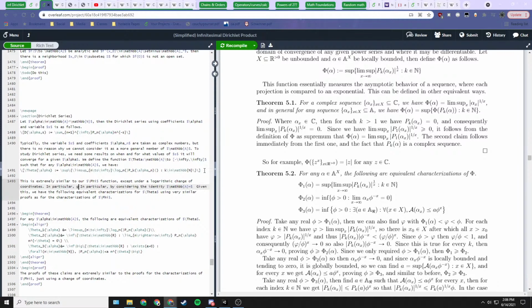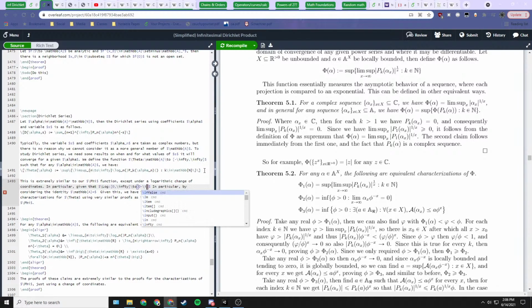Given that log, actually we can say principal log, capital Log, which maps 0 to infinity to minus infinity to infinity. Actually, let's do ln here.